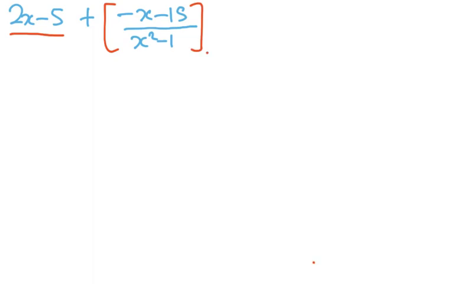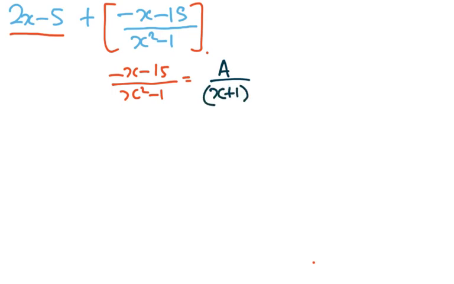So I'm going to do that separately. Negative x minus 15 over x squared minus 1. I can break the denominator, x squared minus 1, into a over x plus 1 plus b over x minus 1. So you need to find out what your a and b are.